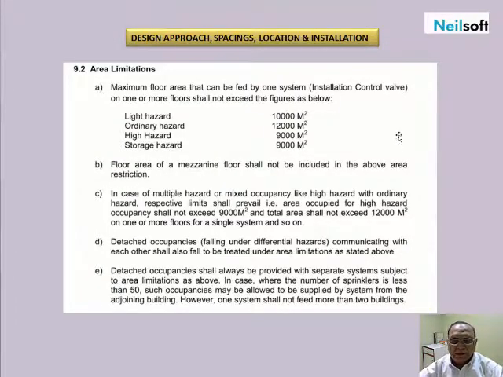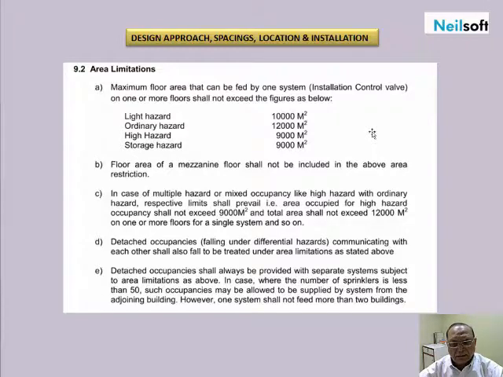So when we come to this, it is the area limitation. What does it mean, area limitation? See, the area limitation means the area which can be operated by one installation.